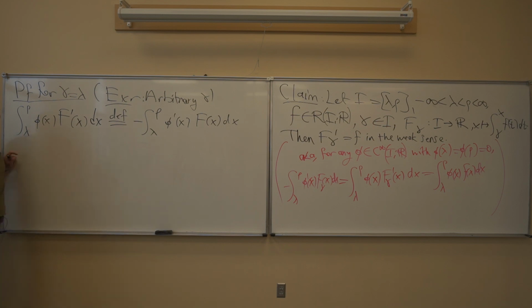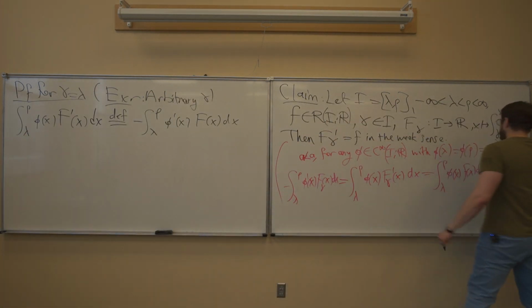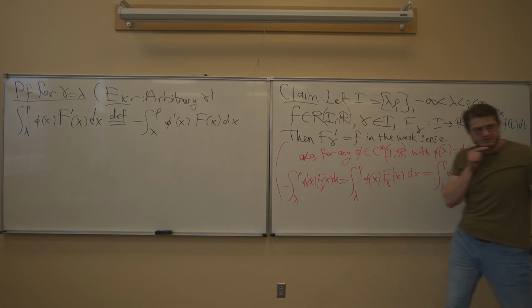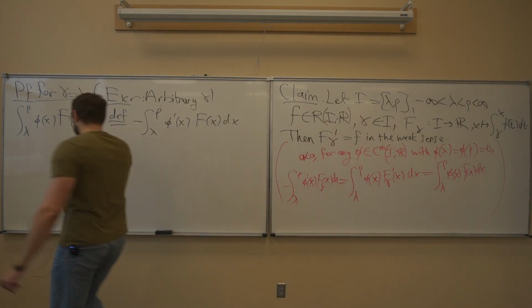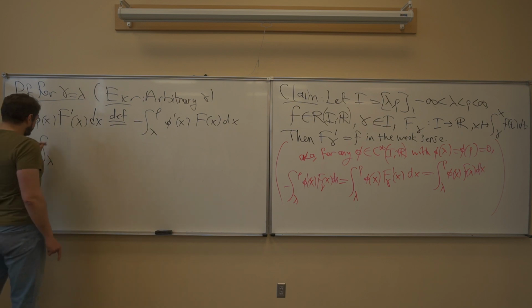So I need to get lowercase f here. How can I get lowercase f? Even simpler, I can just write down the definition of capital F. Now things are getting messier. But it's going to work.